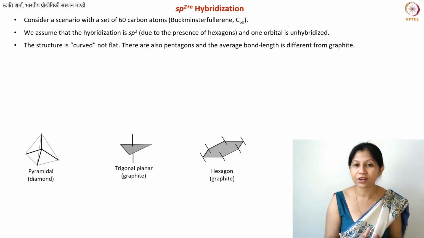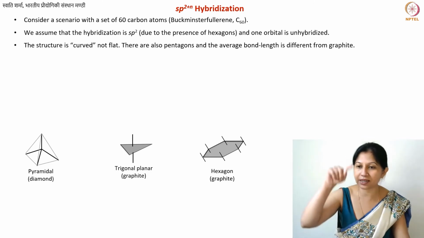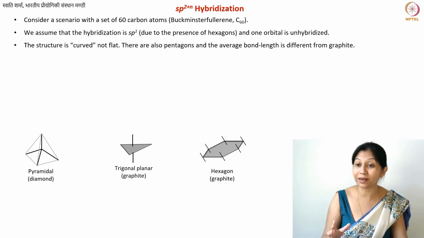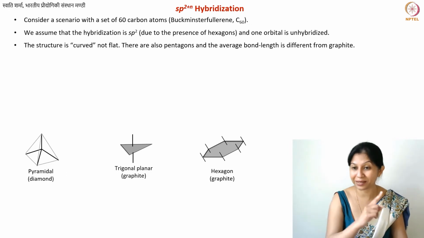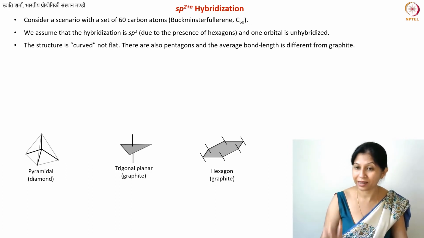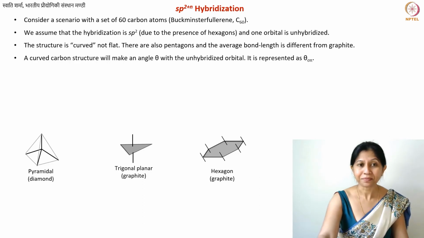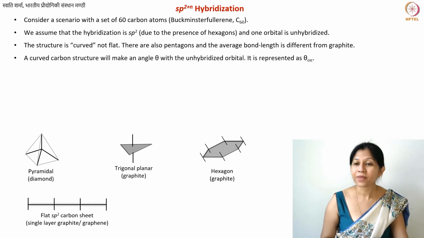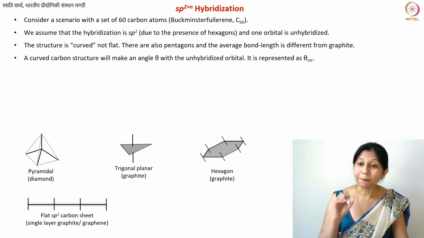So here I have drawn one hexagon, and all of these lines indicate the unhybridized p orbital of all 6 carbon atoms which are present in that hexagon. Okay. Now we will talk about the curved carbon structures. So curved carbon structures will make some angle.